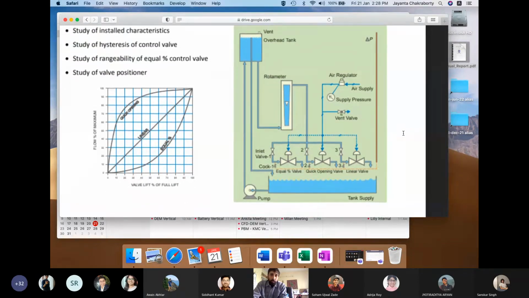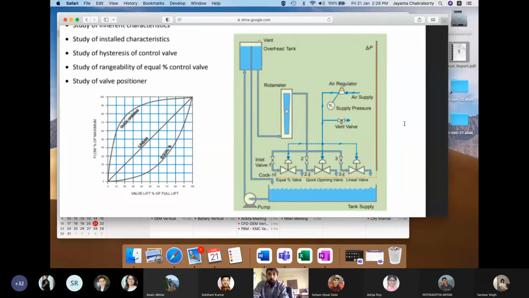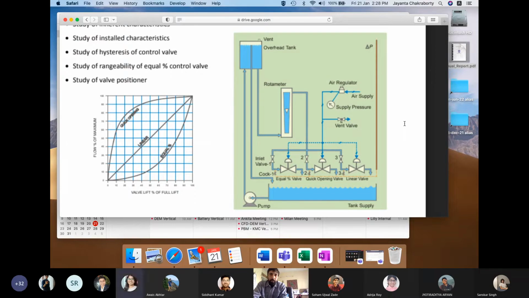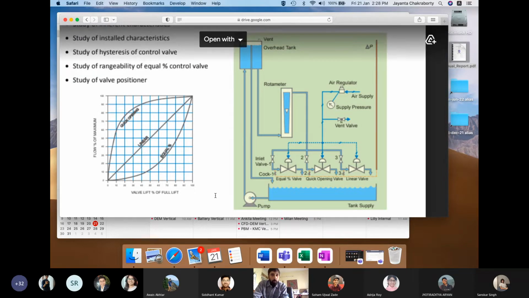I think Stephanopoulos or any other textbook you can read and get a clearer idea about that. This is one of the simplest experiments we have in the control lab. Next week our experiment is a little bit complicated, the pressure control trainer. So we'll have a little more discussion on those.